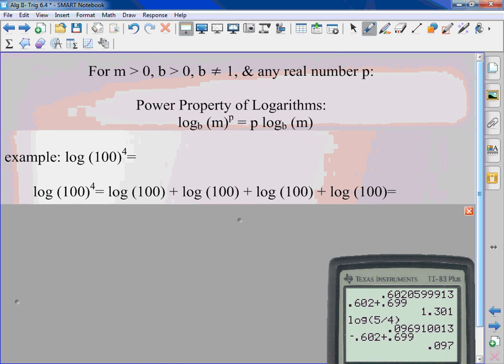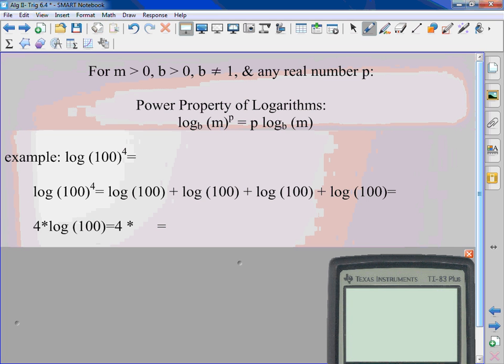What's x plus x plus x plus x? 4x. So it's actually 4 times log of 100. That's right here. This means I have log m p times. So it's just p times log of m.